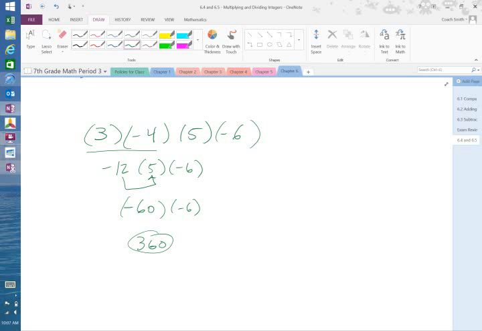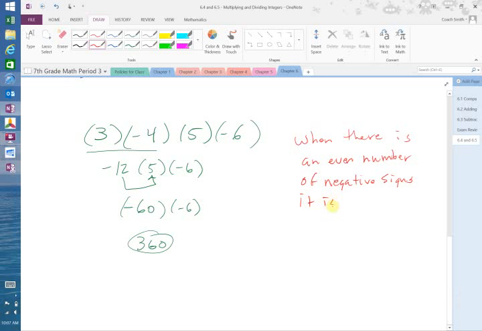Okay? The other rule that we can have here is this. When there is an even number of negative signs, it is a positive answer. Now, this only applies to multiplication and division. When there is an even number of negative signs, in other words, I count the number of negative signs in this problem, 1, 2.